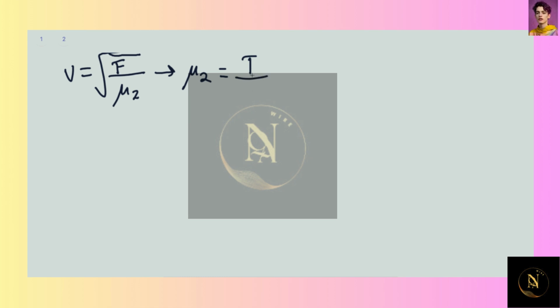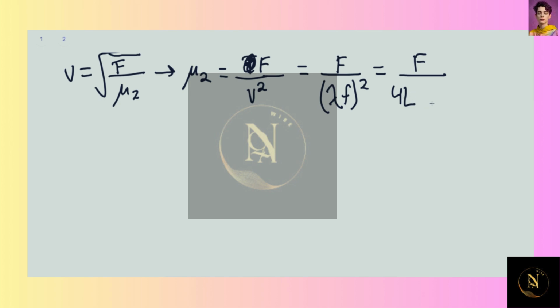So we'll do F over V squared, and this will be equal to F over the wavelength times the frequency squared, and then, again the same thing as the previous slide, 4L squared f squared. That will be our linear density of the second string.